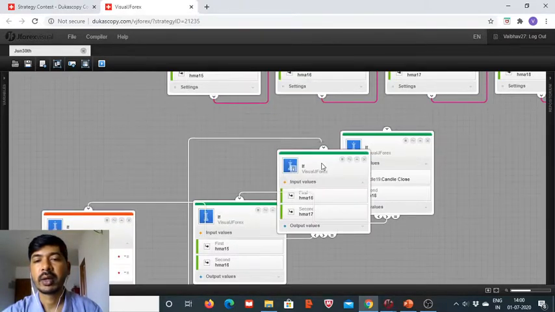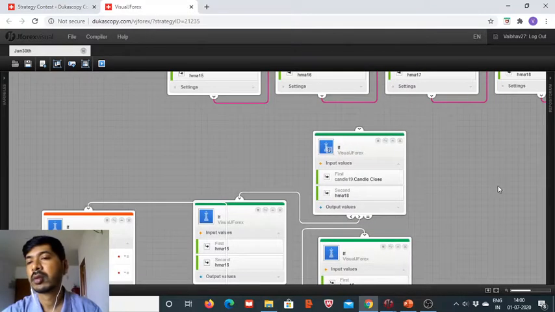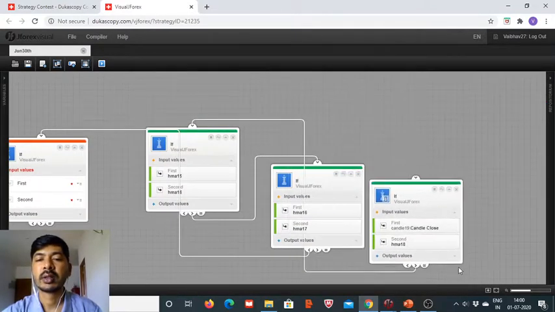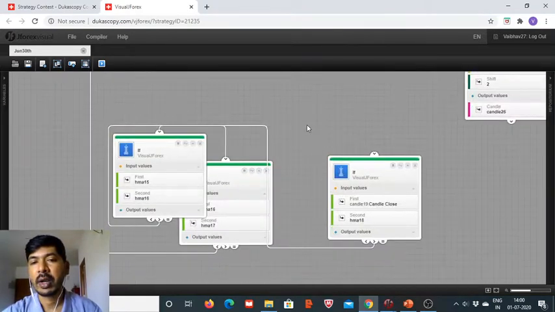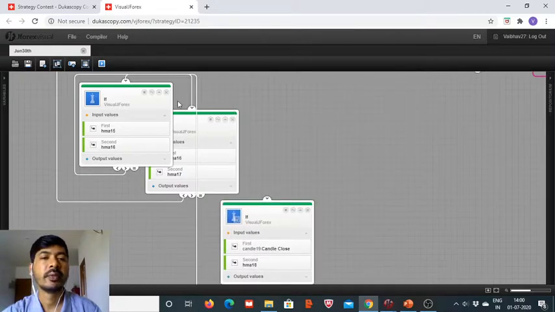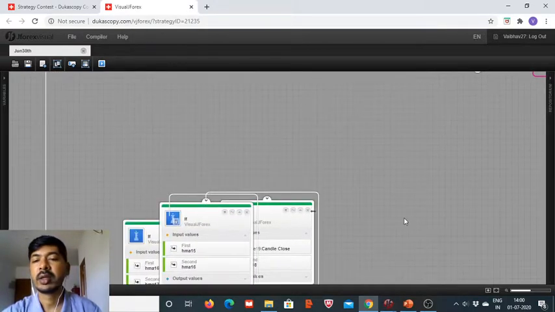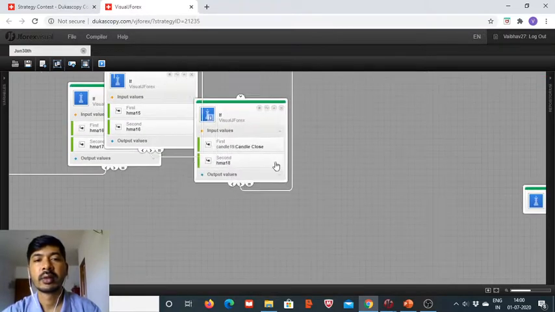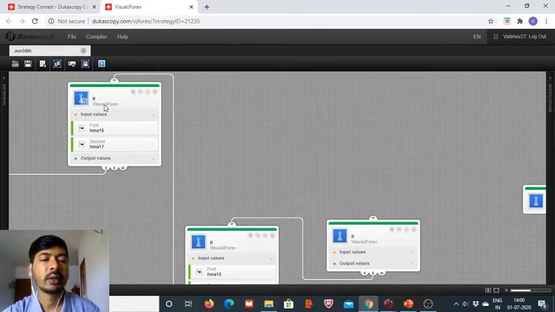All right, we have got it done. So let us take these three blocks where they belong. We have defined the HMA conditions, which are fairly simple to understand and to execute as well.